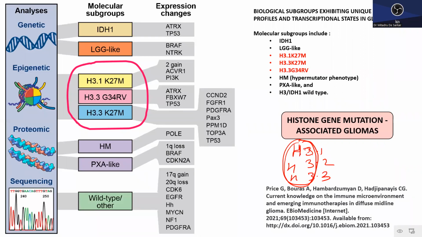So basically, we are talking about the histone 3 gene mutations, and these mutations could be of K27M or G34R/V. We shall be talking about those specific mutations and what happens in these mutations in the coming slides. But what is important is that in the pediatric age group, you can have IDH mutations, but the histone gene mutations are a very important cause of pediatric gliomas, and these need to be kept in mind, especially if you are dealing with a glioma in a young adult.